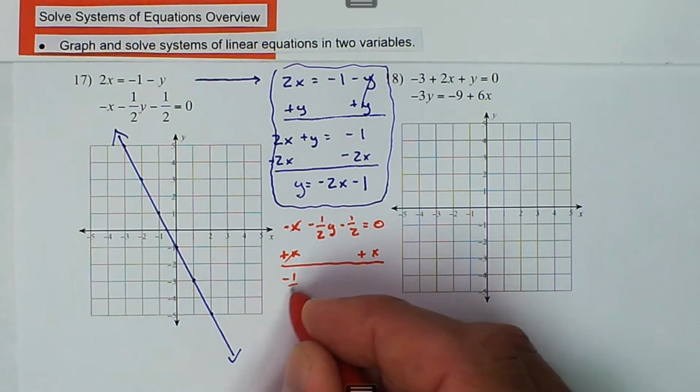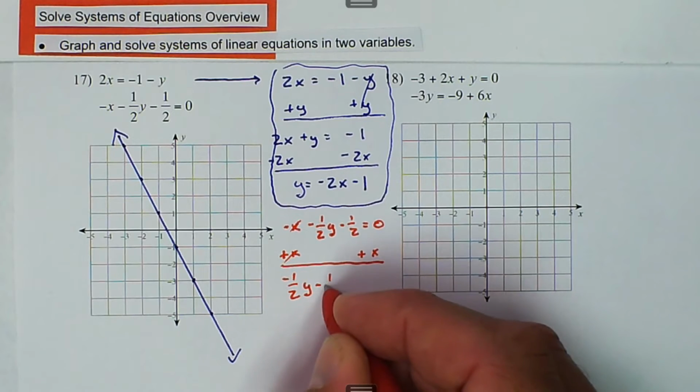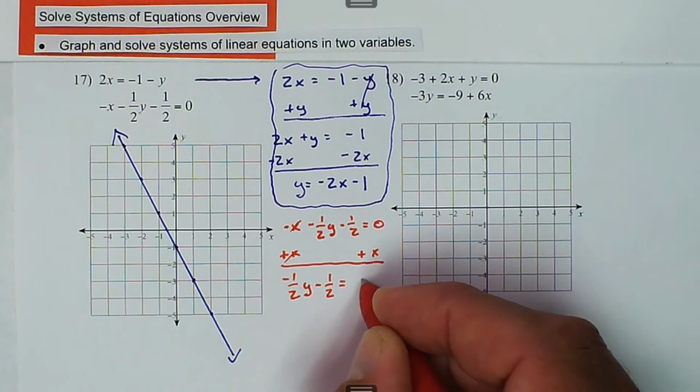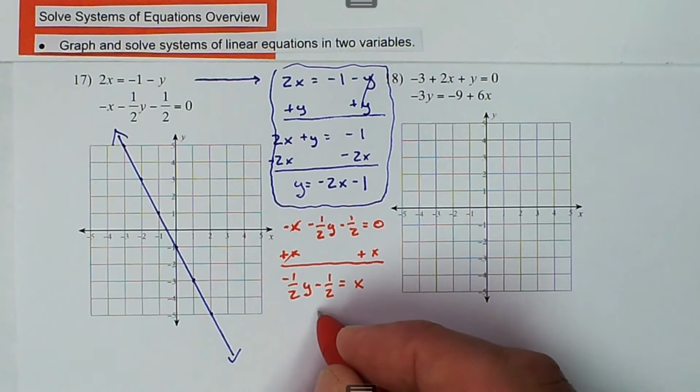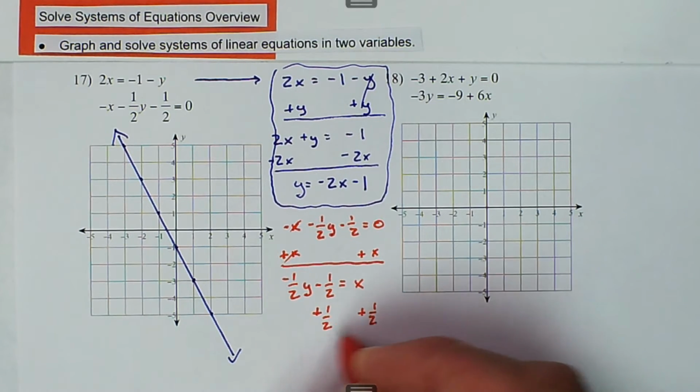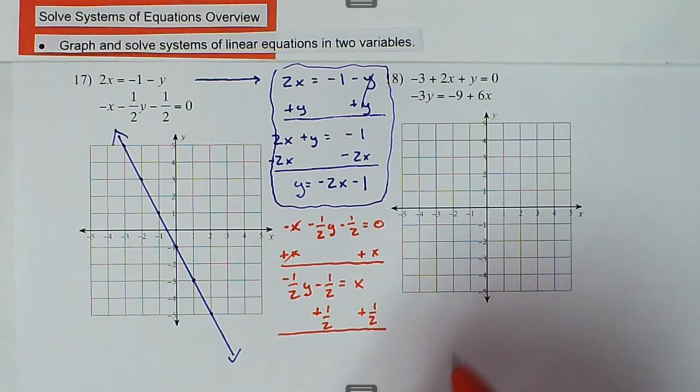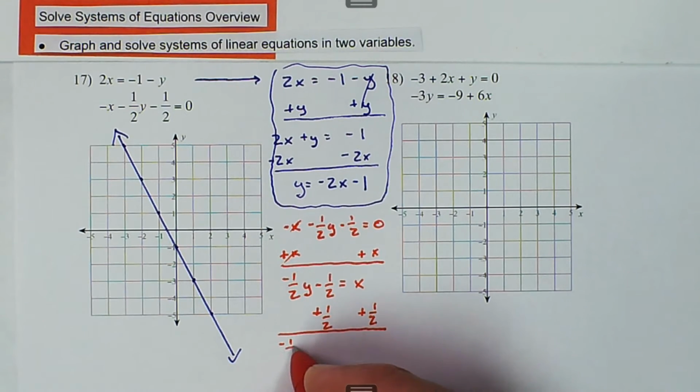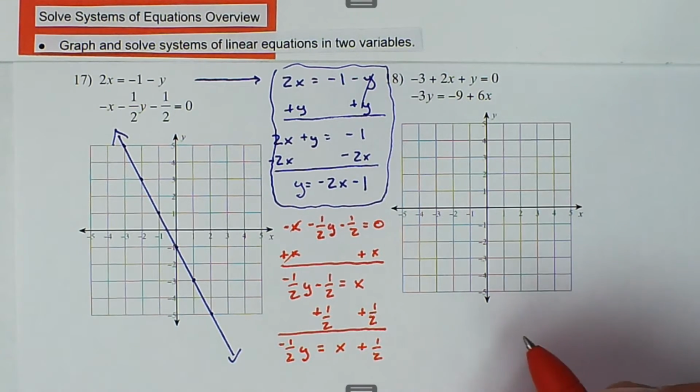And so we're left with -1/2 y minus 1/2 is equal to x. Then we can add 1/2 to both sides. And then we get -1/2 y is equal to x plus 1/2.